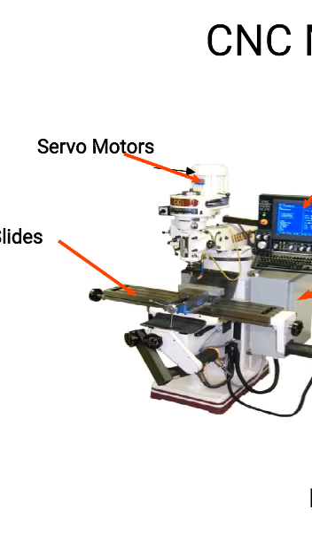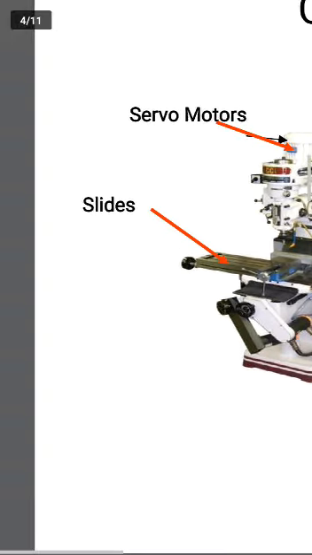It rotates roundly or moves linearly, straight, and allows control of angular or linear position. That is the work of the servo motor. So it controls linear and angular position.